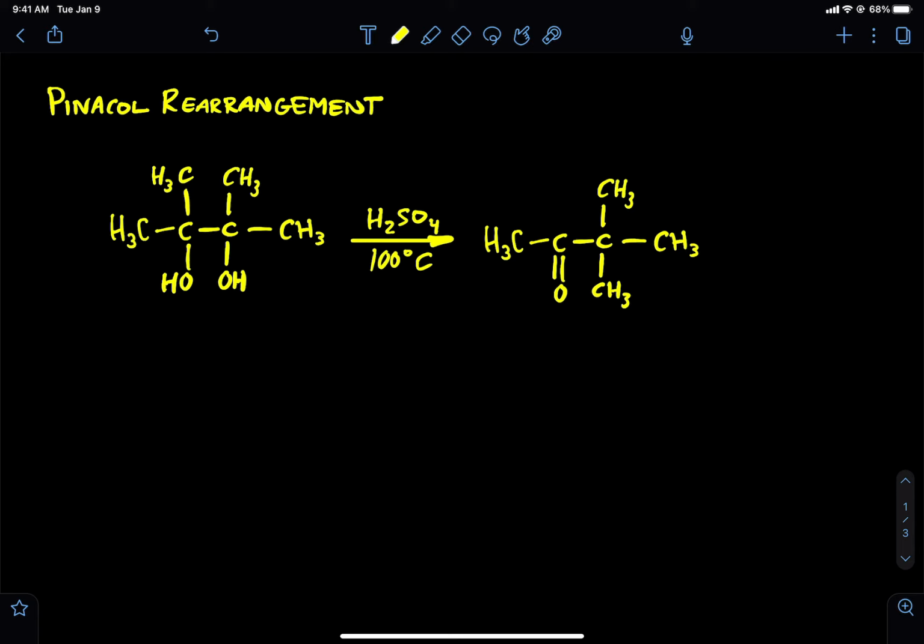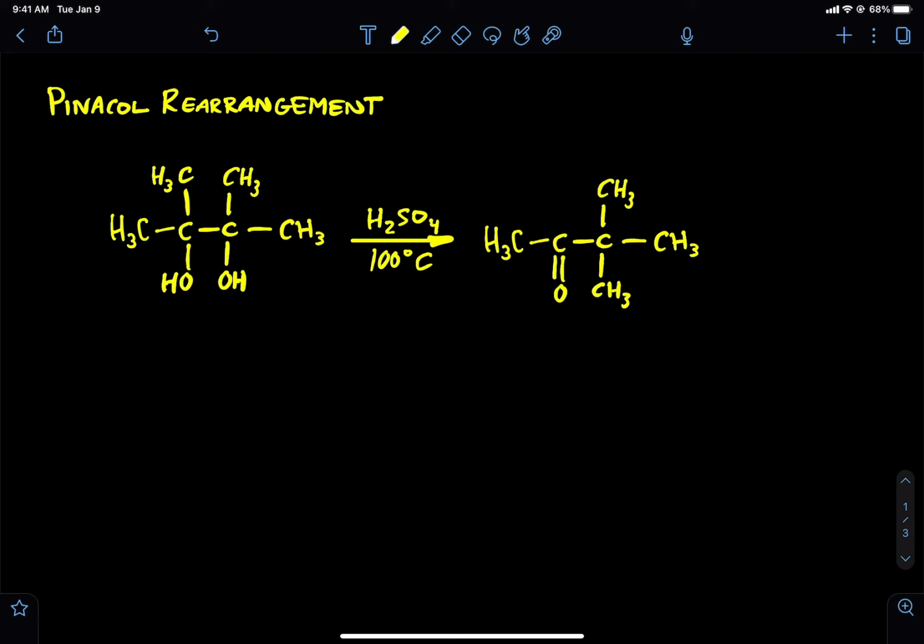Proton transfers happen much more rapidly than any other type of mechanistic step, like a substitution, a leaving group leaving, a hydride shift, or a methyl shift. So anytime you have acidic conditions, for the most part, a proton transfer will be your first step. It's the most rapid step, and it's pretty much going to get the whole reaction started.